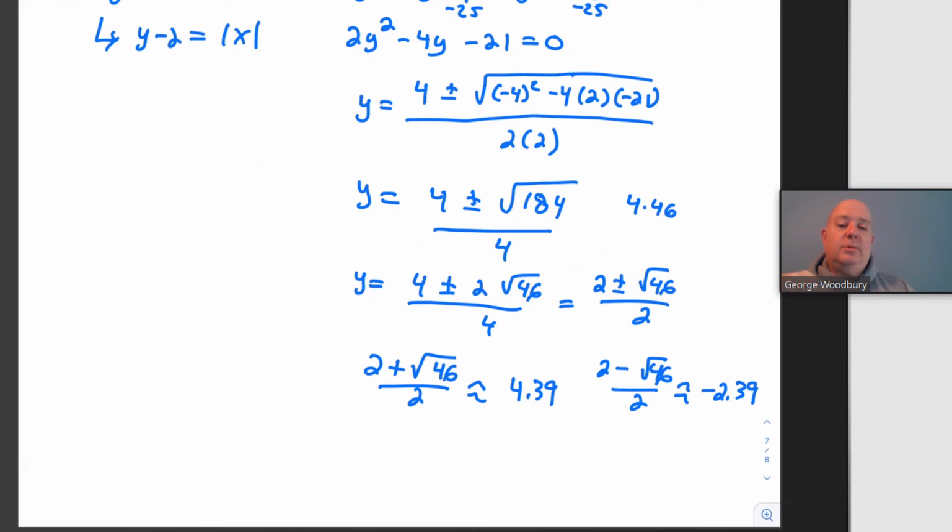The second one we're going to be able to throw out because we were told that y was equal to the absolute value of x plus 2, or y minus 2 equals the absolute value of x. And when we subtract 2 from this number, absolute values are non-negative, and it could never equal that negative number. So we throw those out, and our solutions are going to come from the positive root, 4.39.